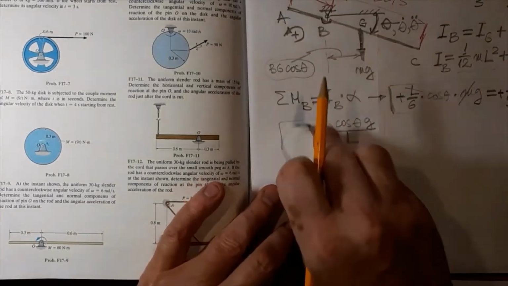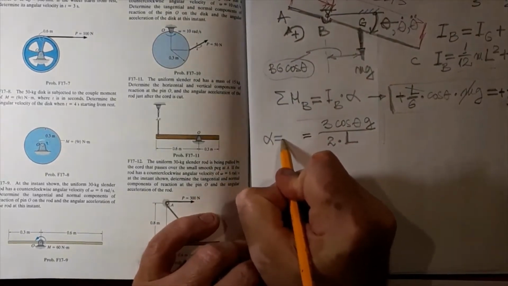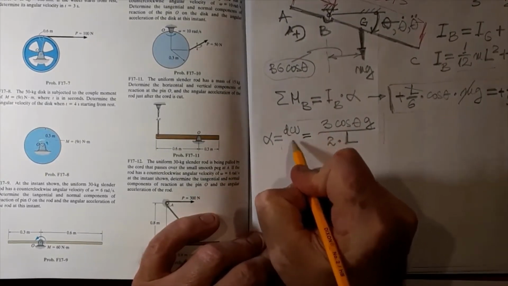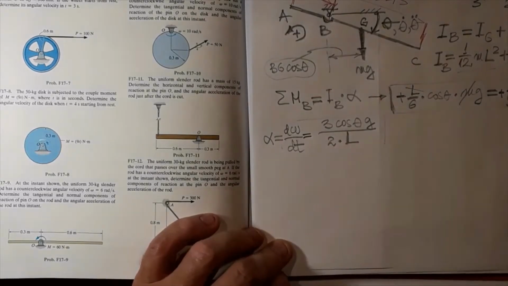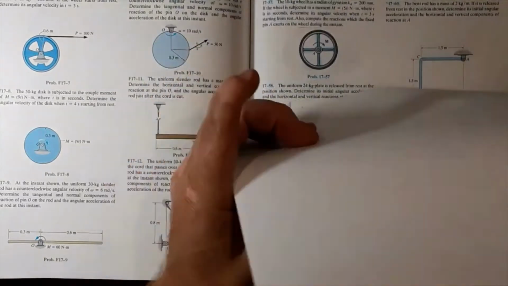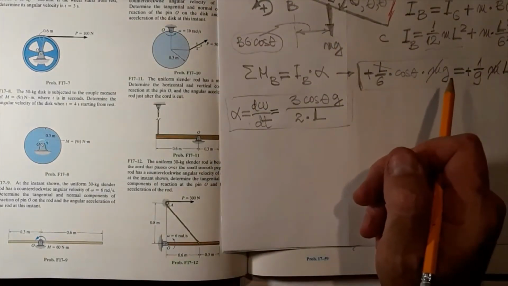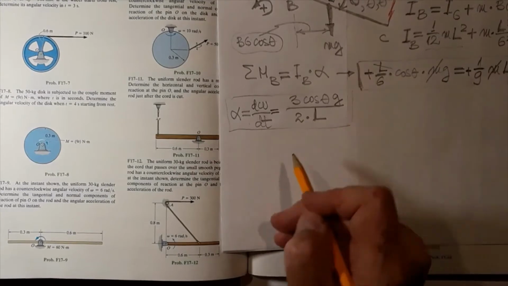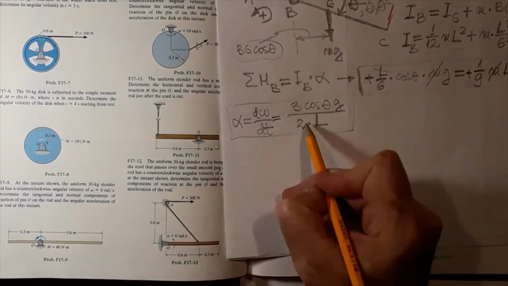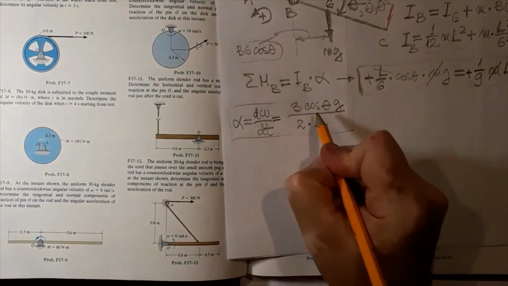Now, of course, I can write alpha equals d omega over dt. Is there a need to integrate? No, because it's a function of theta.